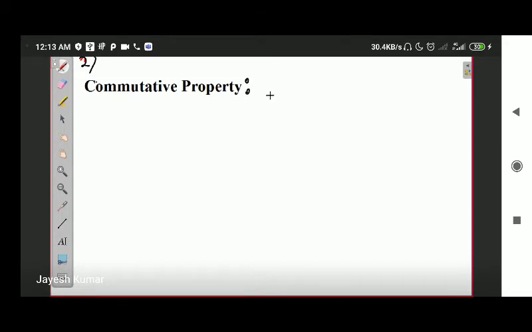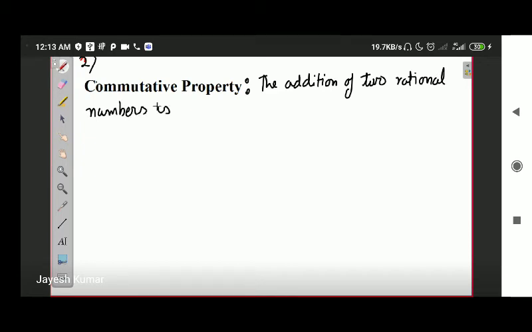Let us write: the addition of two rational numbers is commutative.